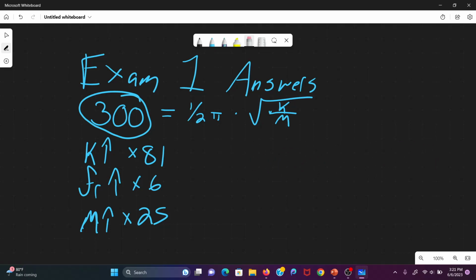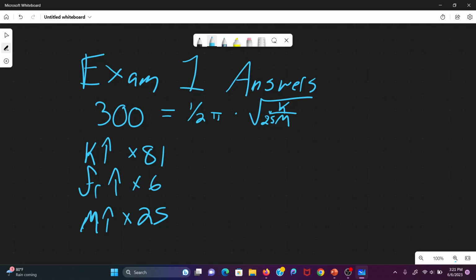Okay, we'll get rid of the rest of this. And the last one is mass is increased by a factor of 25, so we've got 25m here. So this is similar to 81K.